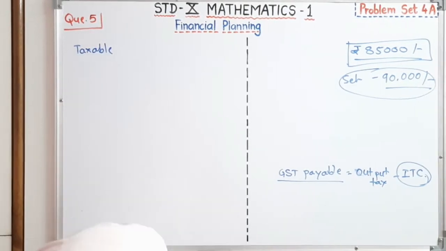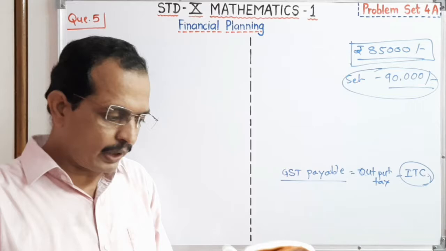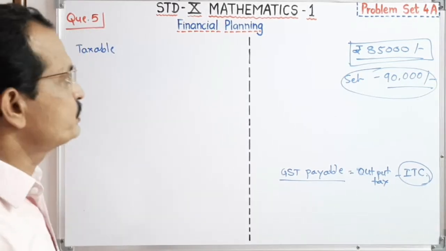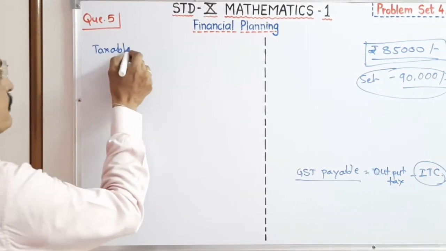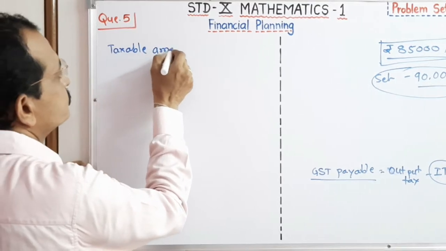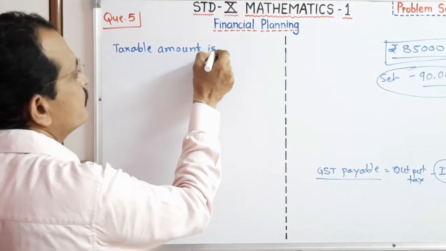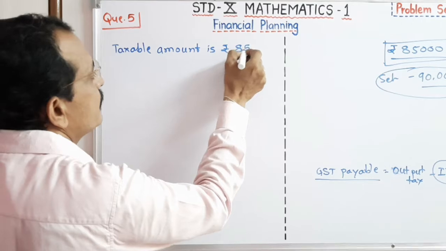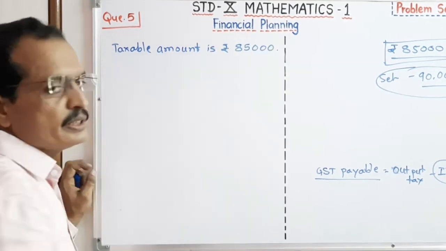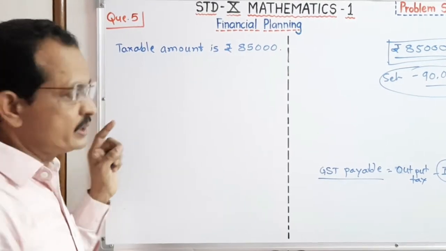Then we will get the GST payable. The rate of GST is 5%. Dear student, the rate of GST is 5%. Therefore, first taxable amount is rupees 85,000. This is at the time of purchase.